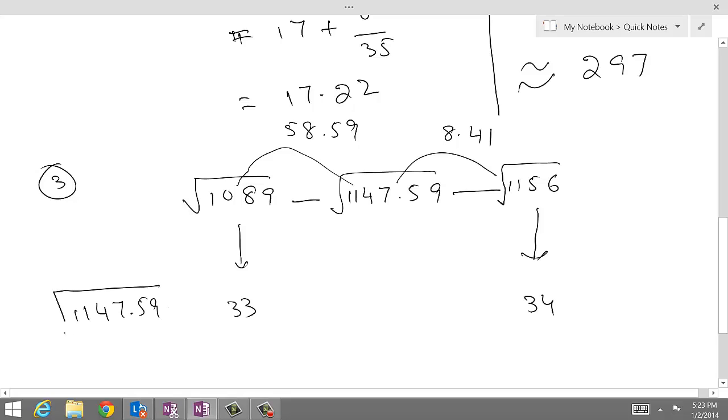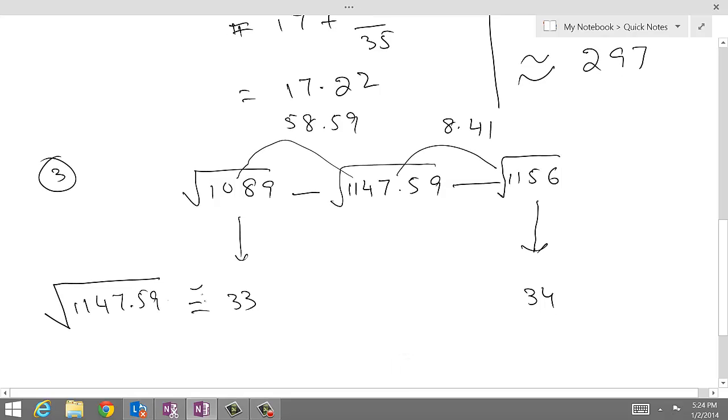The estimated square root of 1147.59 is only approximately equal, so I'm going to use the estimated sign: 33 plus 58.59 divided by 58.59 plus 8.41.